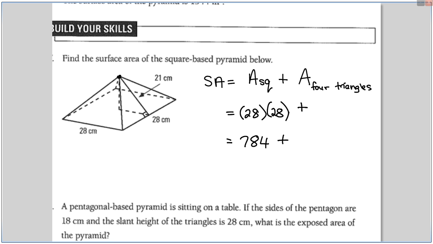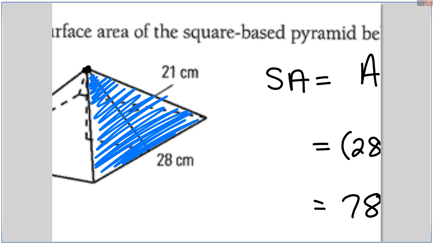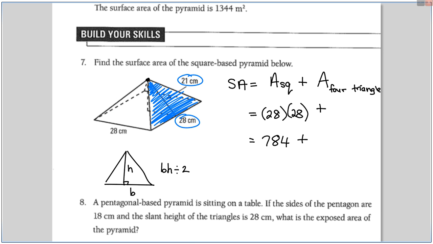Now the 4 triangles. Okay. Do you guys see on your formula sheet this shape? Base height like this. And then on the formula sheet it says base height divided by 2. Everybody see that on their formula sheet? It's at the top. Okay. So what's the base and height of one of these triangles? It's this guy. There's the triangle. Its height is 21 and its base is 28. Okay.